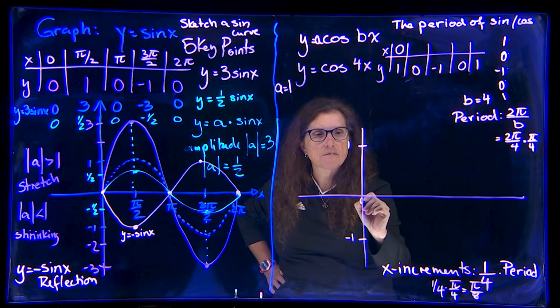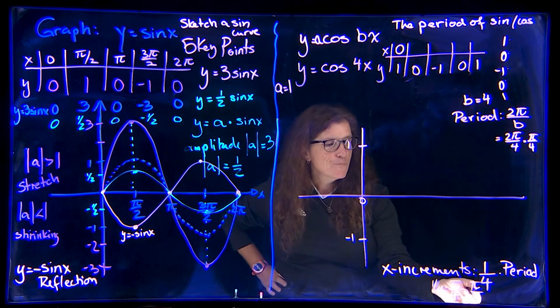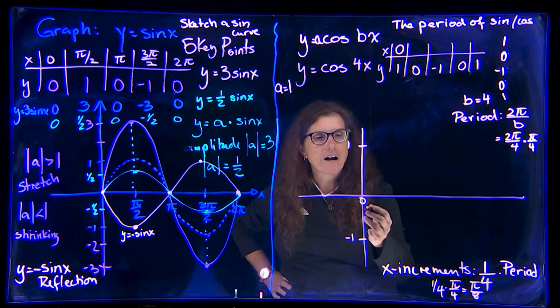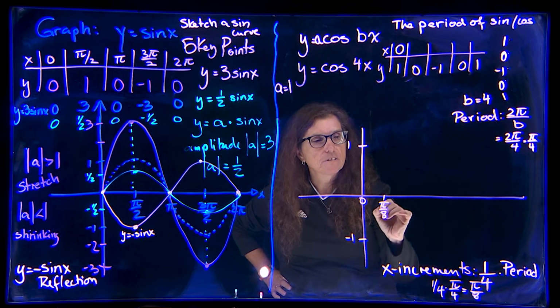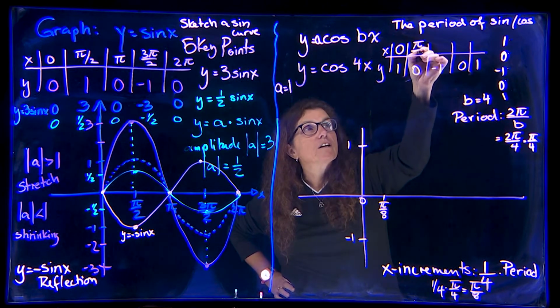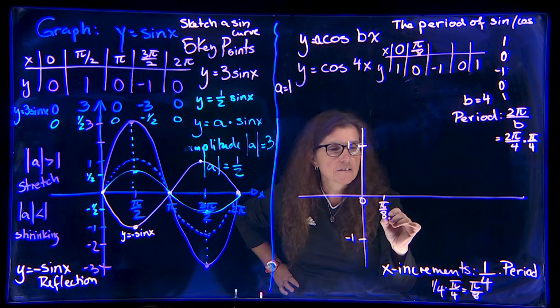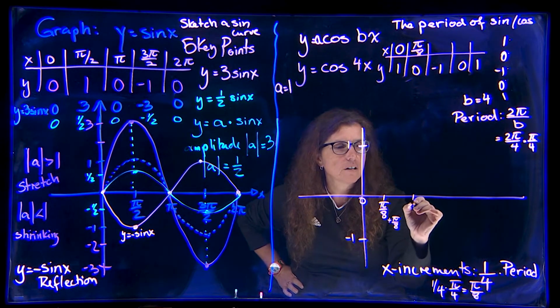But now we're changing. My next increment is I have to add pi over 8 to 0, and I get pi over 8. So this is my next x value. And then to find the other, I'm just going to add pi over 8. Pi over 8 plus pi over 8 is 2 pi over 8.